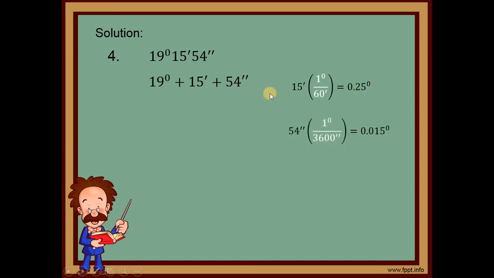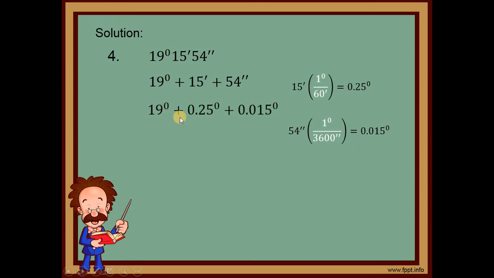Next, kunin natin yung seconds. I-multiply natin sa 1 degree over 3,600 seconds. So, magiging cancel na yung seconds. So, 54 times 1 divided by 3,600 at make sure yung unit natin ay in degrees. So, this happens to be 0.015 degrees. Now, substitute natin yung kanilang mga values in degrees.